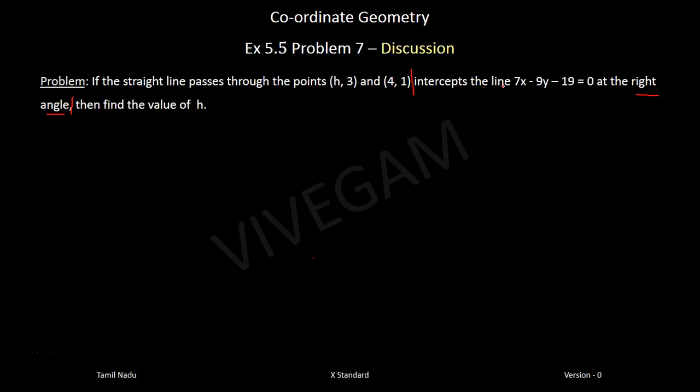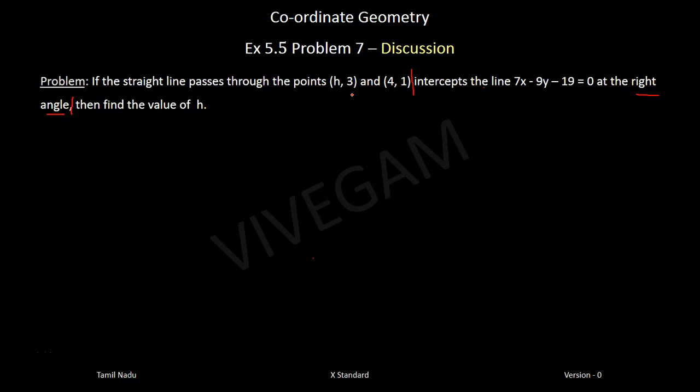Your slope you'll get in terms of h, and this slope you'll get as a constant. Multiply them and equate to minus 1. You'll get an equation in h. Solve that equation and get the value of h. This is how this problem needs to be worked out.